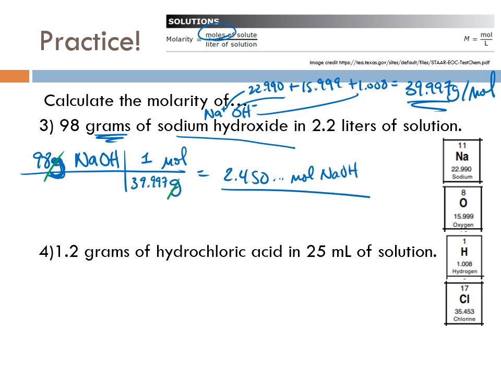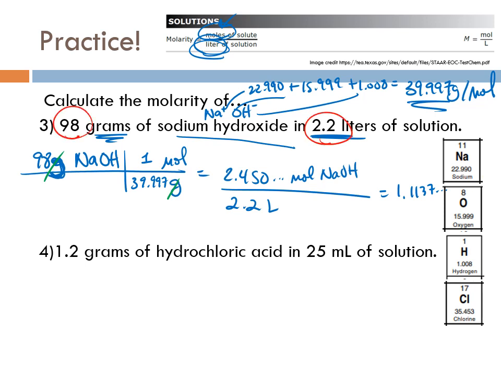I'm going to divide that by the liters. Now that I have moles, I can go ahead and divide by liters. 2.2 liters of solution. 2.45 lots of digits divided by 2.2 liters gives us 1.1137 lots of digits. Now let's do a sig fig check. I've got 2 here, I've got 2 here.